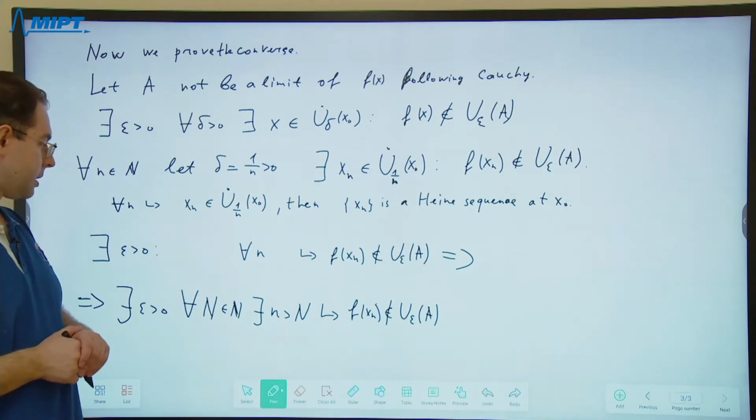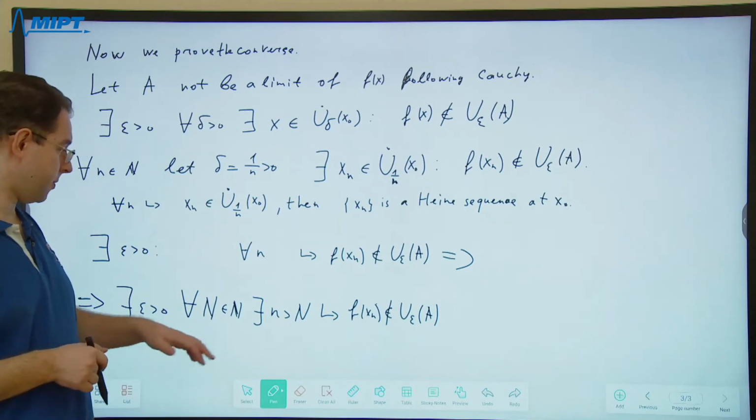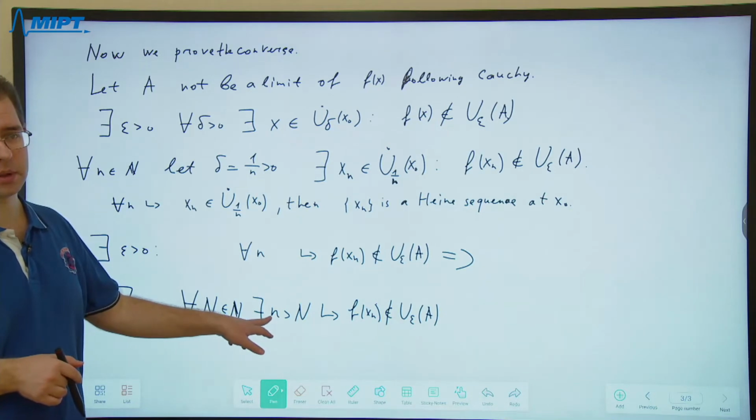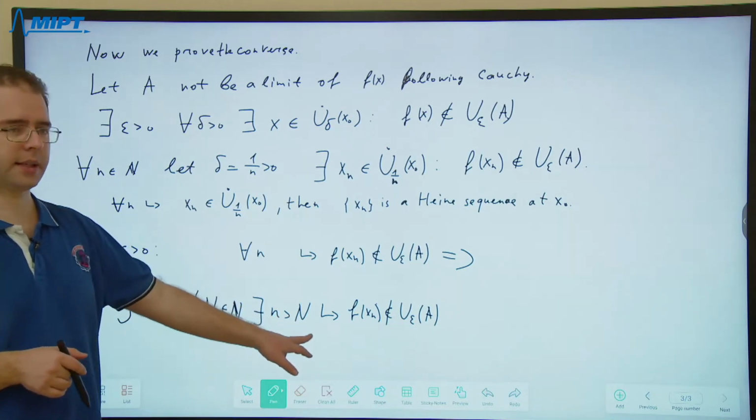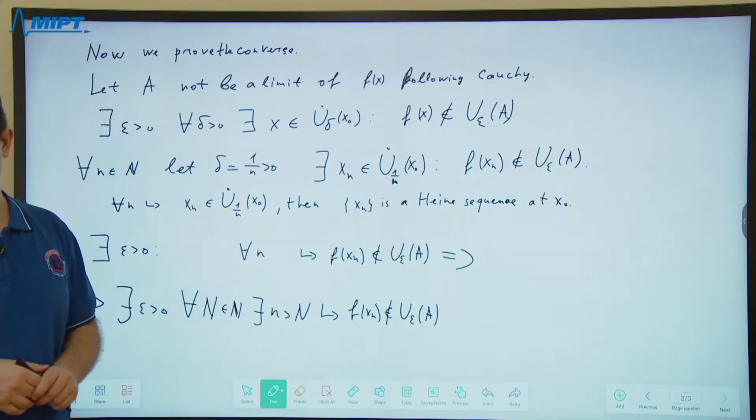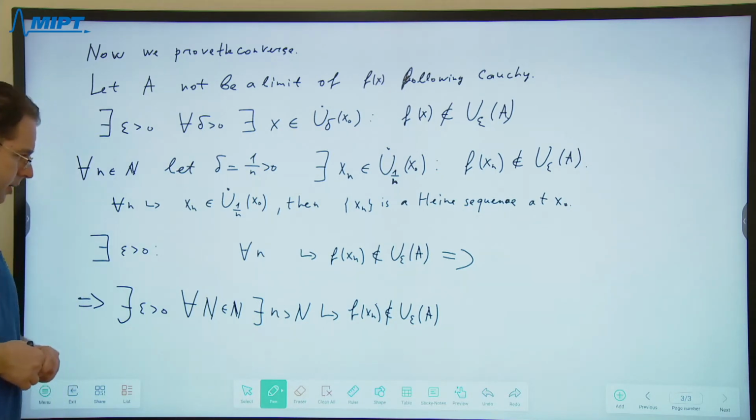But specifically, it is true for some small n greater than some capital N, whatever. This is still true.